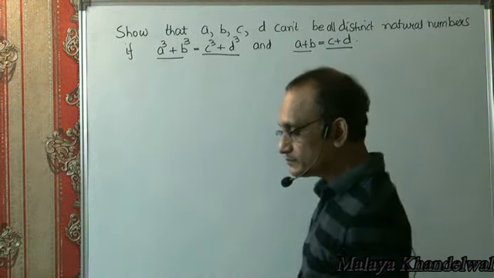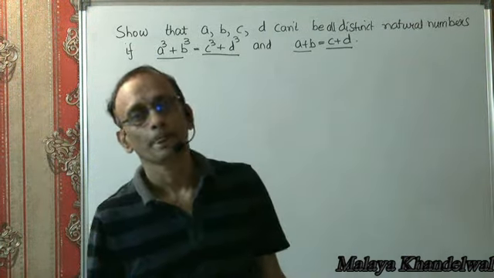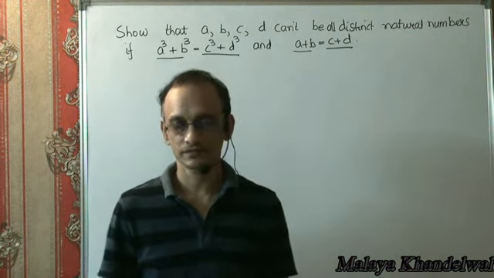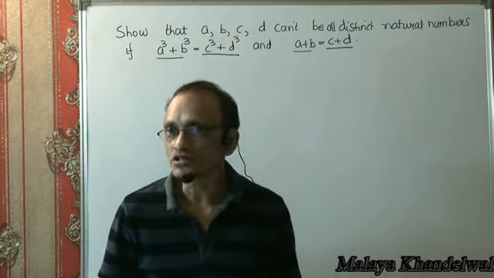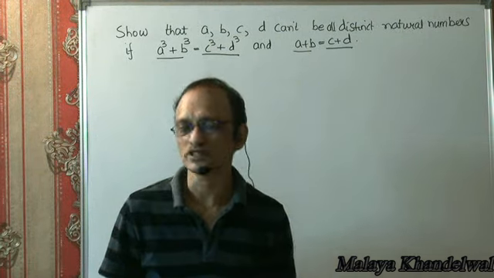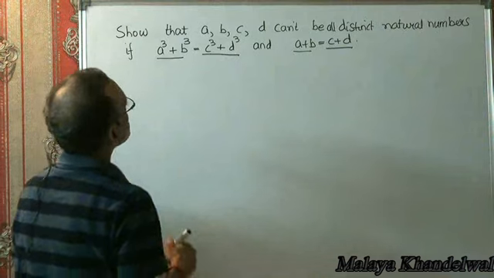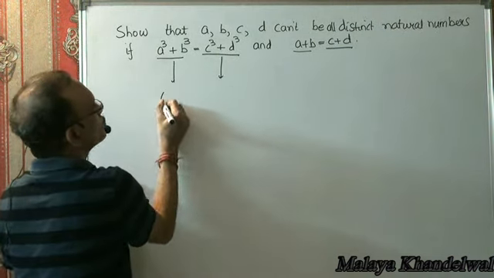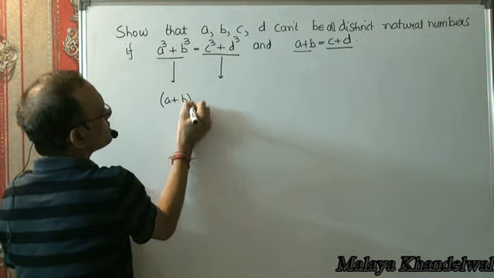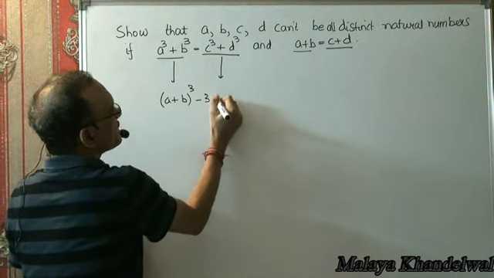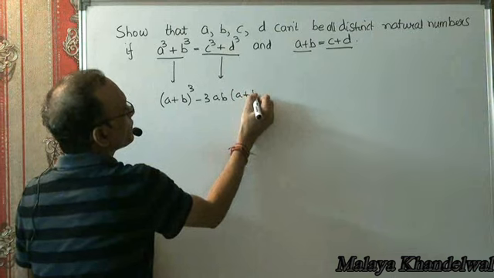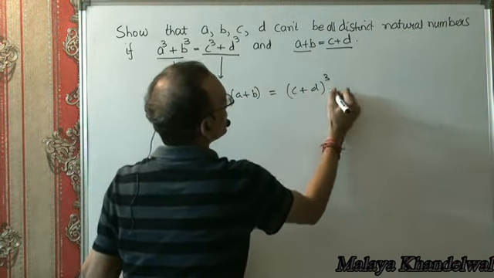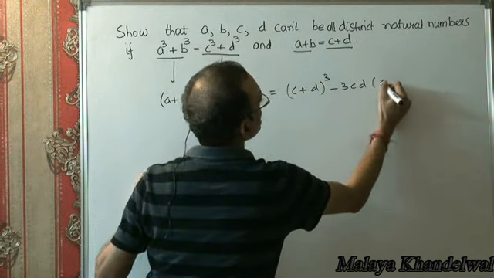Again, like I said, the problem only looks different. It's not difficult. Let's see how to deal with this. So first things first, let's start with A cubed plus B cubed is C cubed plus D cubed, which is like (A plus B) whole cube minus 3AB into (A plus B) equal to (C plus D) whole cube minus 3CD into (C plus D).